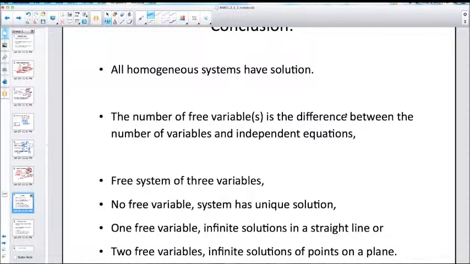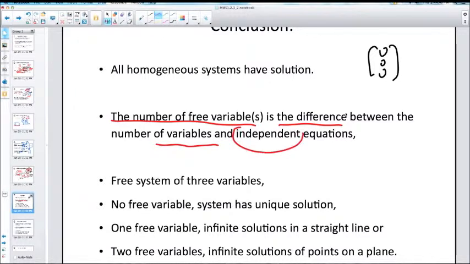Number 1, all homogeneous systems have a solution. Why? Because 0, 0, 0 is always good for the system. Number 2, we look at the number of free variables. The number of free variables really equals the difference between the number of variables and independent equations. That's a little bit hard on you.